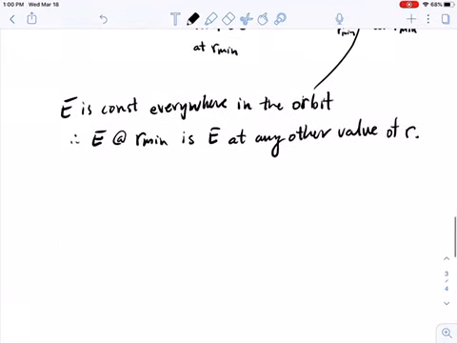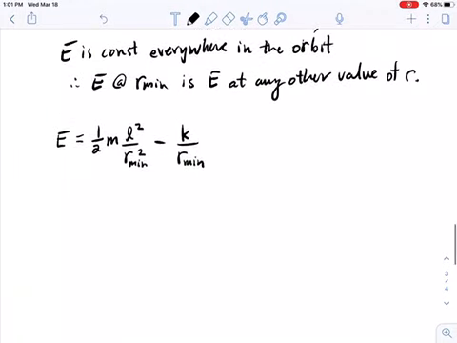Okay, so that means E is equal to 1/2 m. We're going to set r dot equal to 0, and we have L squared over r squared, and we're going to set r equal to r minimum. And then same thing in our potential energy, r is equal to r minimum. Okay, so let's compare this to what we know about our radius of our orbiting planet.